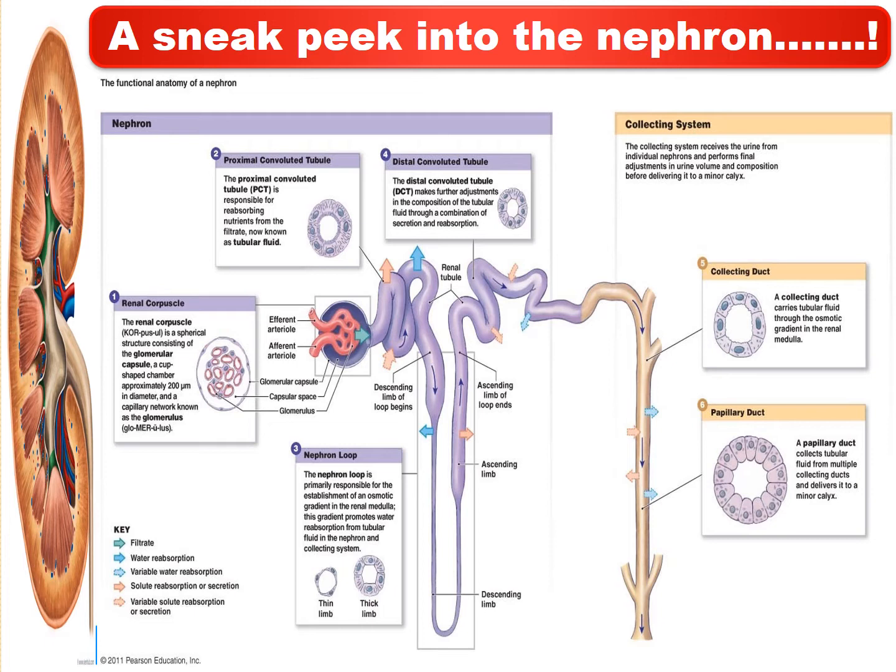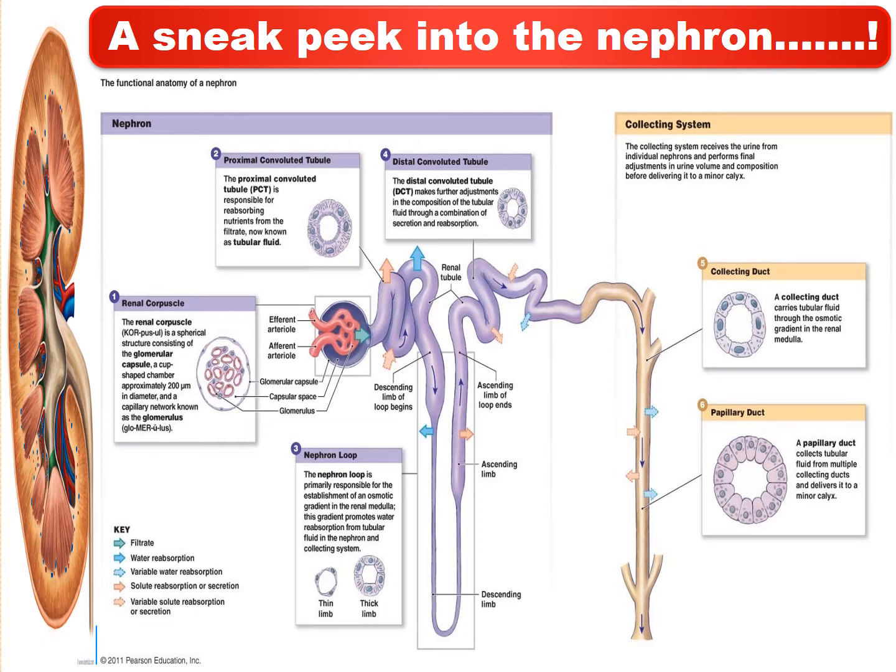Then the fourth one is the distal convoluted tubule. The distal convoluted tubule makes further adjustment in the composition of the tubular fluid through a combination of secretion and reabsorption. So the balance of secretion and reabsorption takes place at the DCT, the distal convoluted tubule.